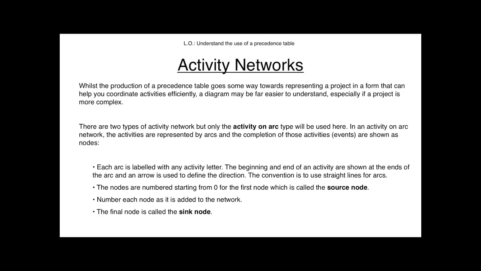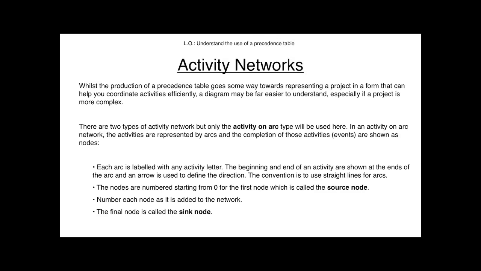So basically a precedence table goes part of the way to representing the different activities that make up a project and which ones depend on which ones, but it may not be as straightforward to understand as we need it to be in more complicated projects.